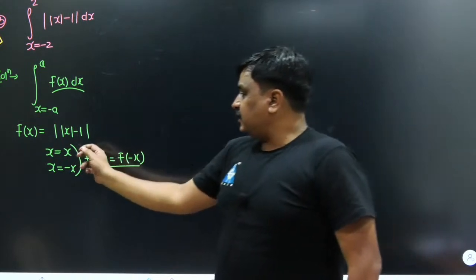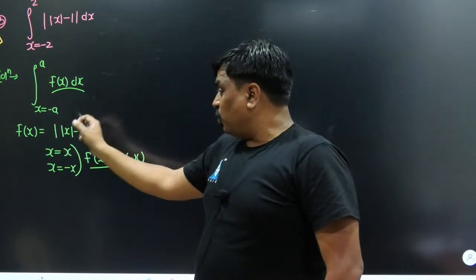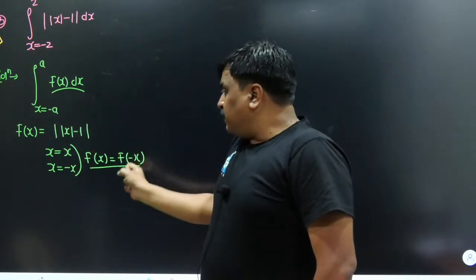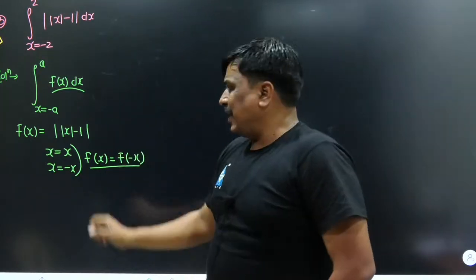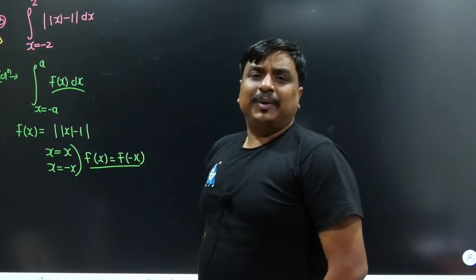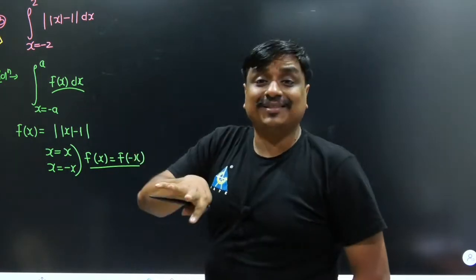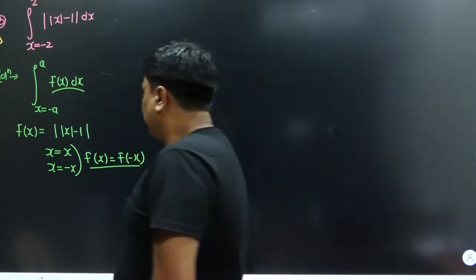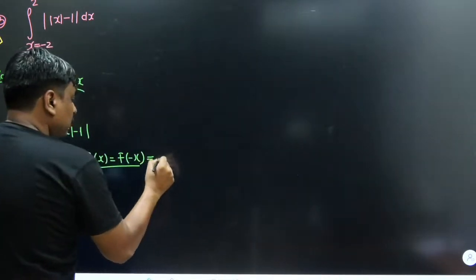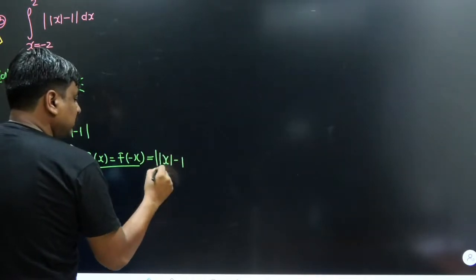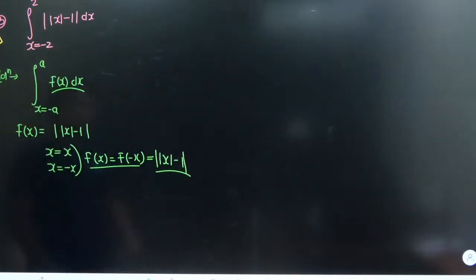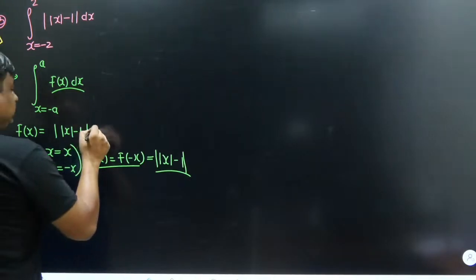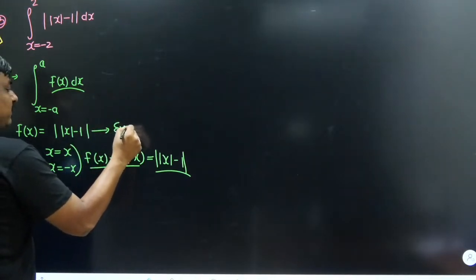Either you feed x as x, so it remains mod of x minus 1, and even if you feed x as minus x, what happens? The modulus would be taken of minus x, which would become mod of x itself. So the result is very precise and the same, mod of x minus 1 and then complete modulus. So obviously it is an even function.